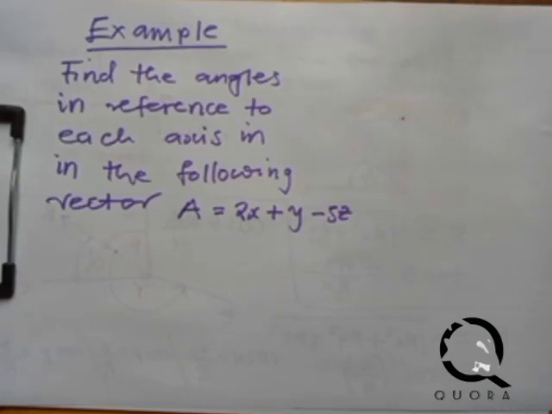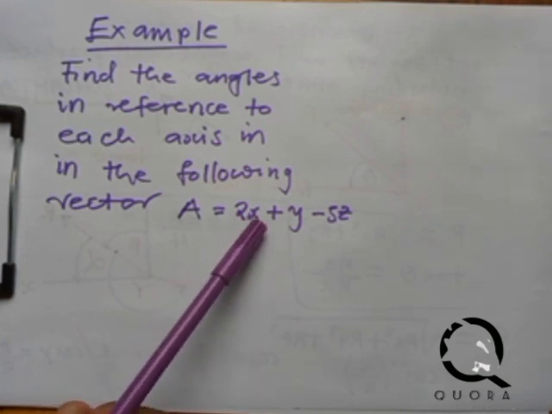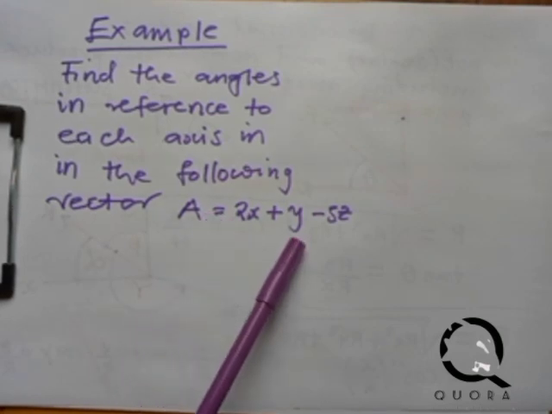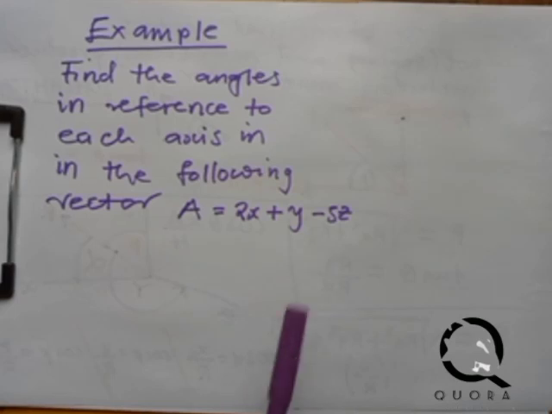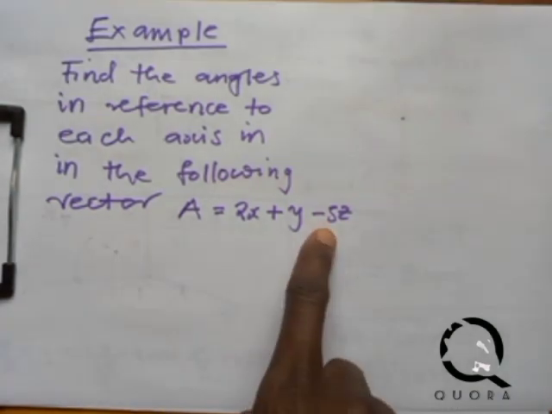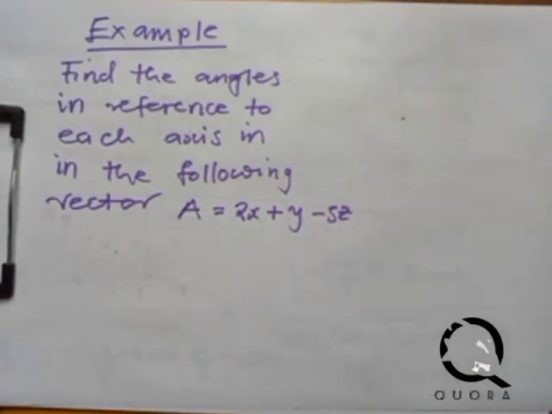Here we normally get the coefficients of every axis. So the coefficient of x is 2, the coefficient of y is 1, and the coefficient of z is negative 5. And how do you calculate the angles based on this one, which has a negative? Don't even worry.